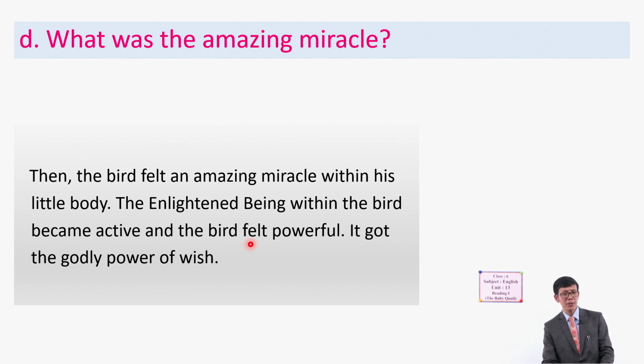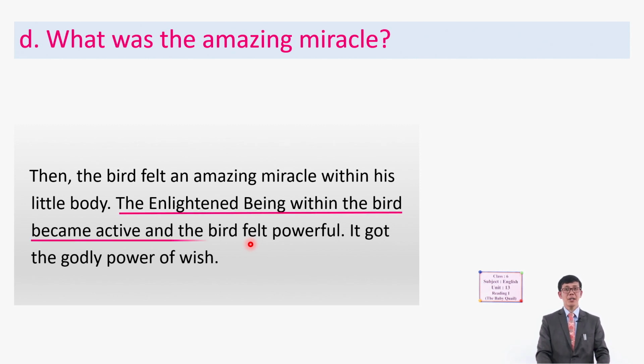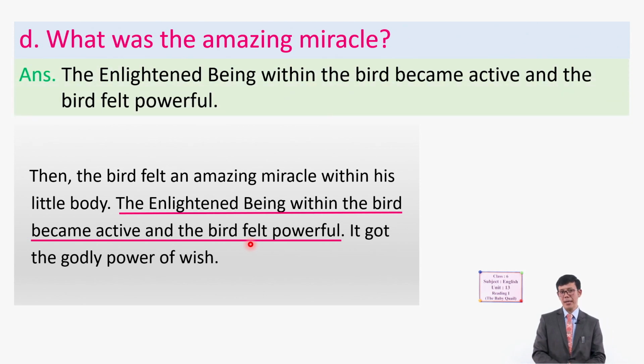Was that amazing or a miracle? Okay, good. So then how do you write the answer? You can write, the enlightened being within the bird became active and the bird felt powerful. Okay, that was really amazing.